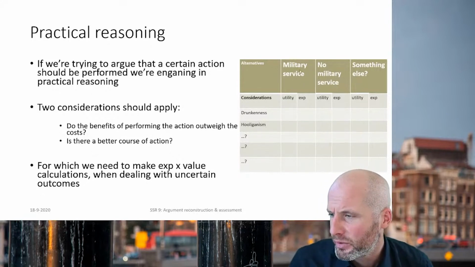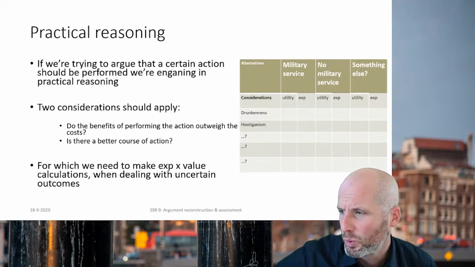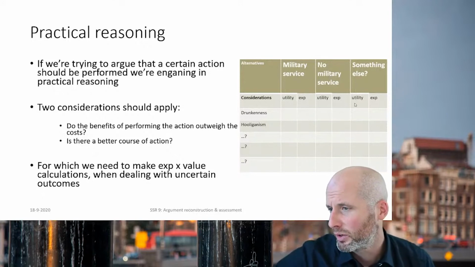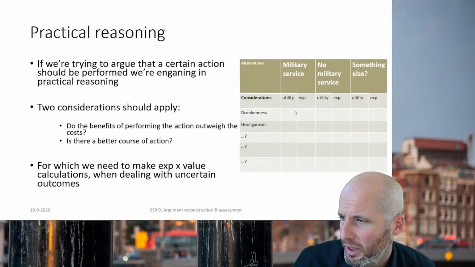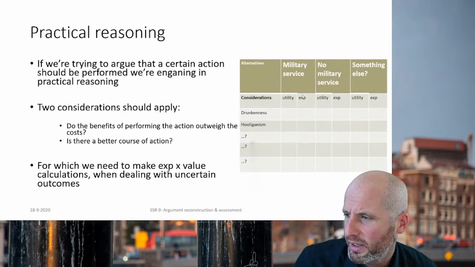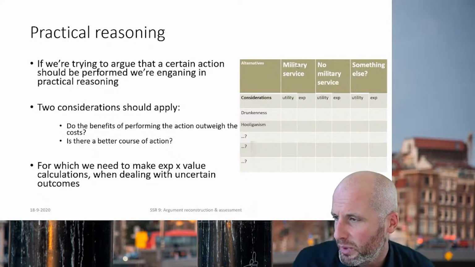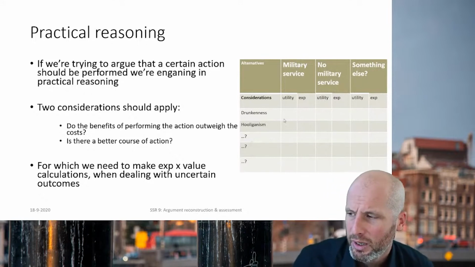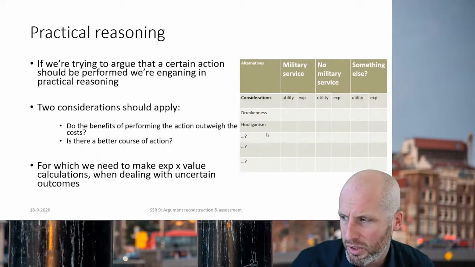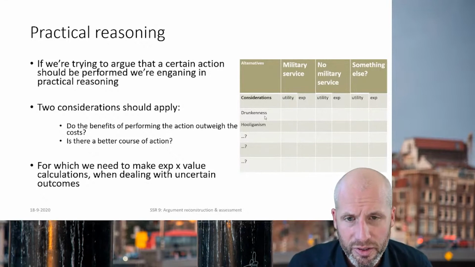So for the military service, that might look like a breakdown. We should introduce military service or not, or we should do something else. And what are the considerations? Well, drunkenness is something that has a low utility, and to what extent we expect that to be the case if we introduce military service, but also if we don't introduce military service but do something else. And of course, there are other considerations beyond drunkenness and hooliganism that weren't considered here.